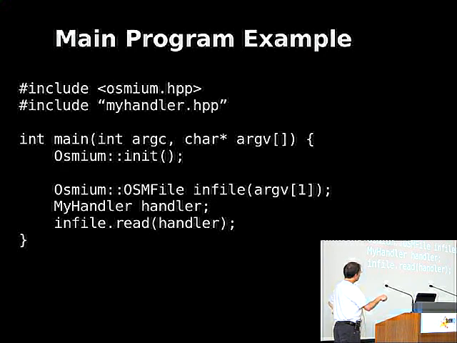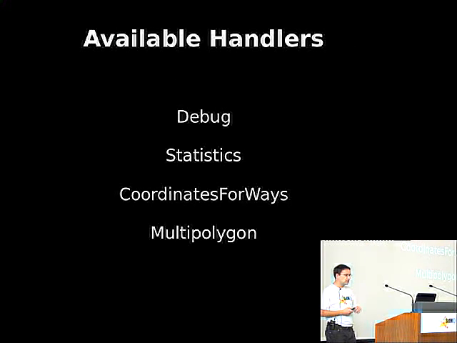Then you say, I want InFile. It's called InFile, initialized from the command line argument. When you later start the program, you can give the OpenStreetMap file name as a command line argument. Then you initialize your handler that we have defined on the other slide, and you say, read my InFile, and here's the handler that should work on it. And Osmium does the rest.